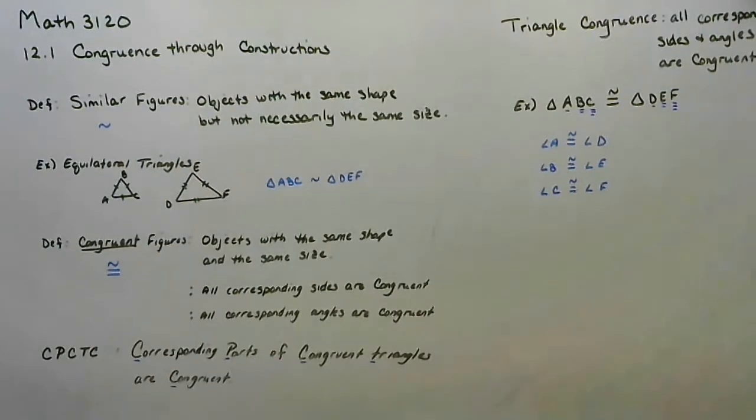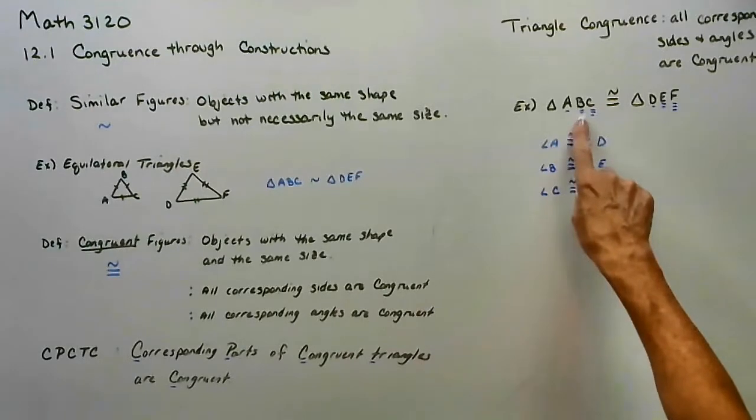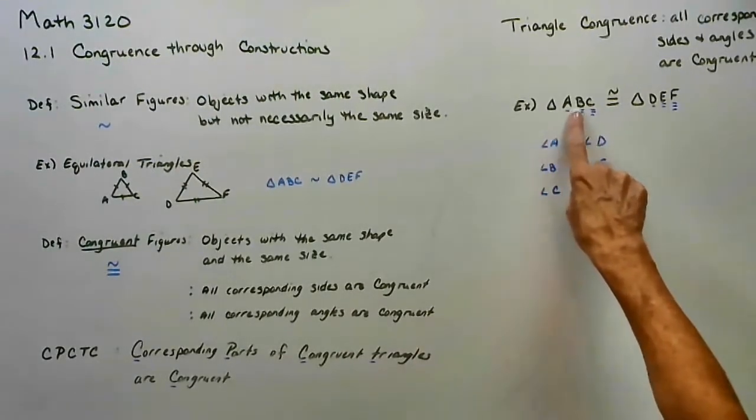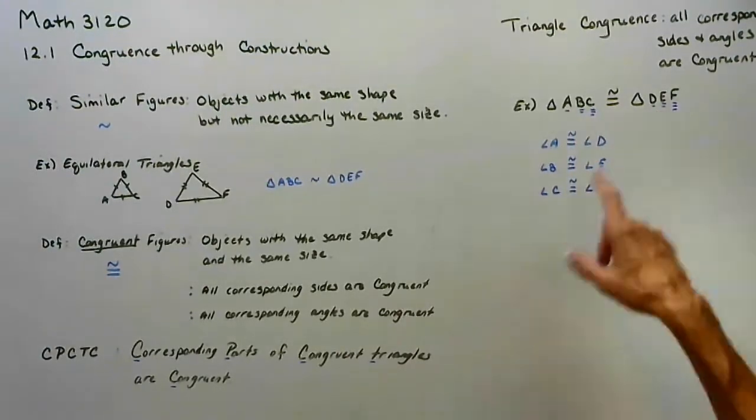And now we're going to do the same thing with the side lengths. So if I look at the sides and I go from A to B and then B to C and then C to A, AB, the first two vertices, would correspond to DE.